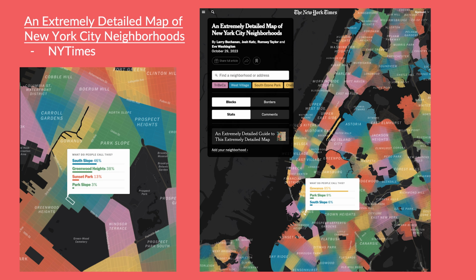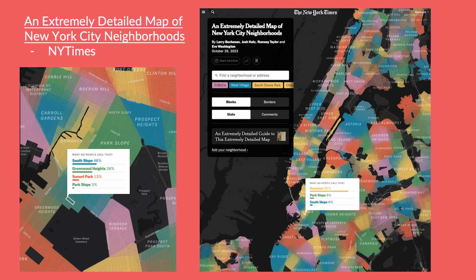And so, I chose this one area that I would probably call South Slope, but it's between Park Slope and Sunset Park. And you can see what people call this area. Using interactive data is a way to really engage your audience because they can plug in their own address, the address of their friends, where they work, and it starts the conversation in a really interesting way of how this is immediately applicable to themselves.